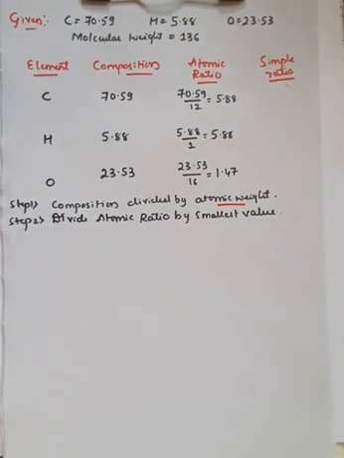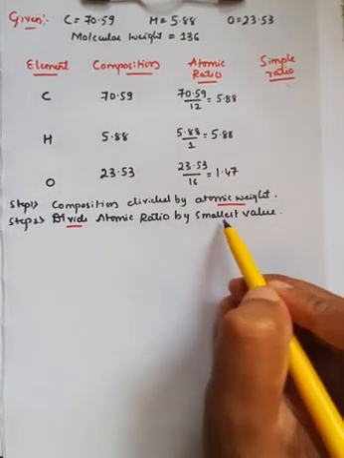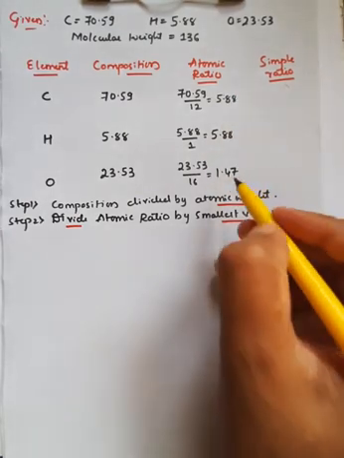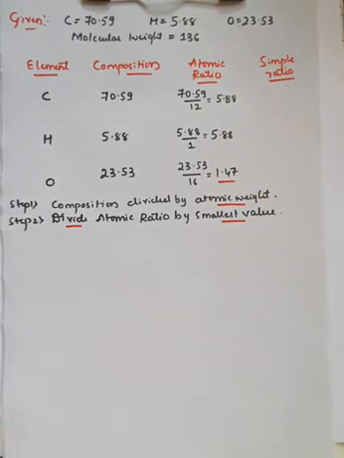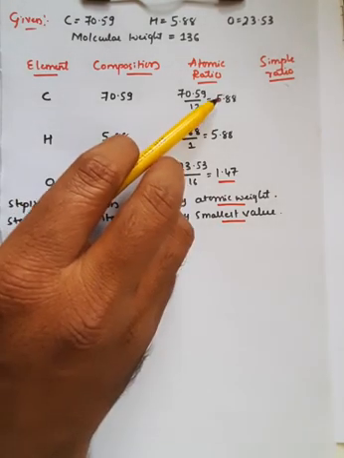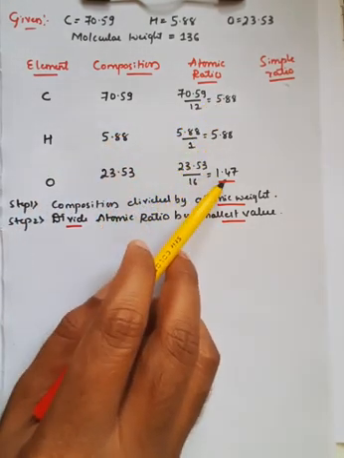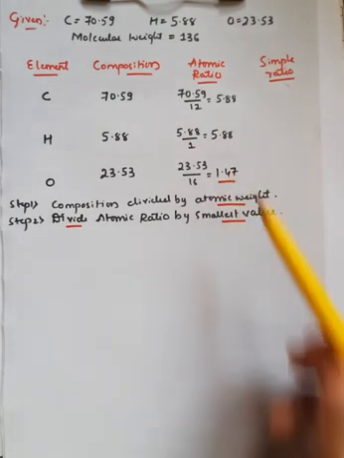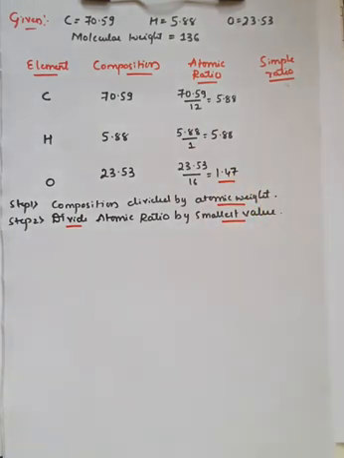So here we are dividing the atomic ratio by the smallest value. Remember, out of the 3, the smallest value is the third one, oxygen, which is 1.47. So 5.88, 5.88, 1.47. If you consider all the 3, the smallest value is 1.47. Therefore, I will divide these values by the smallest value.